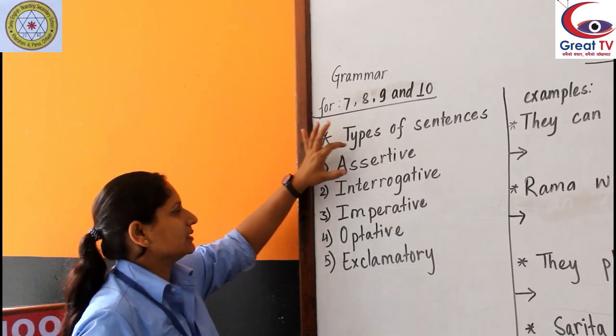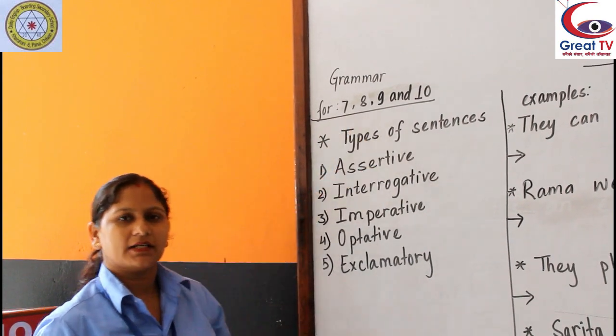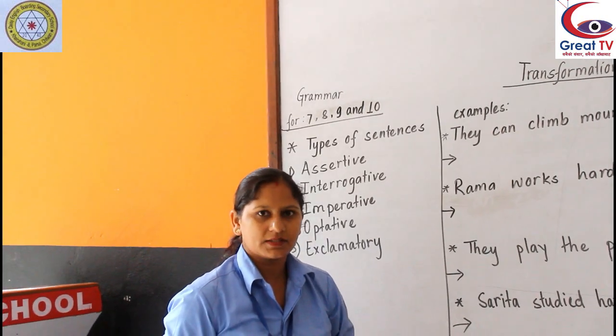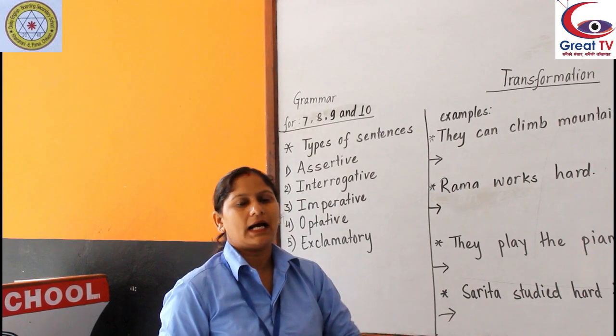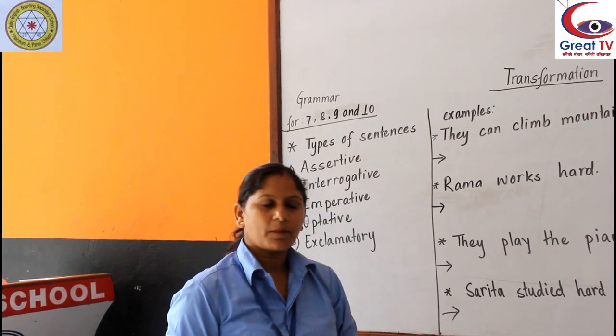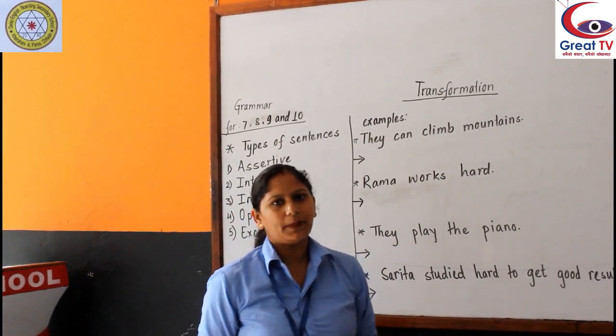Come to the first type, that is assertive sentence. Assertive sentences are also called declarative sentences. They are facts. For example, Kathmandu is the capital city of Nepal.